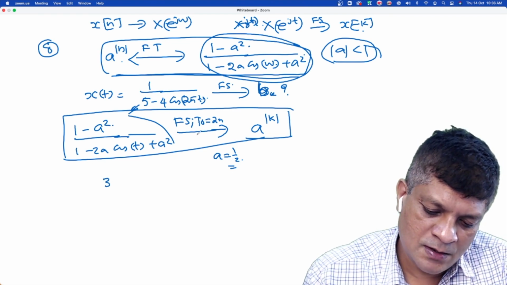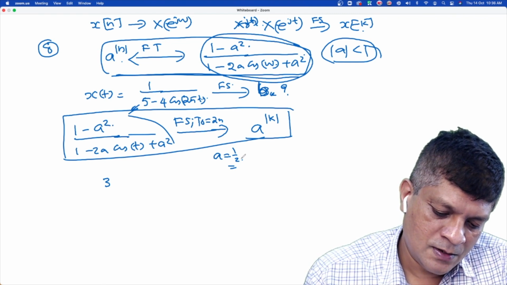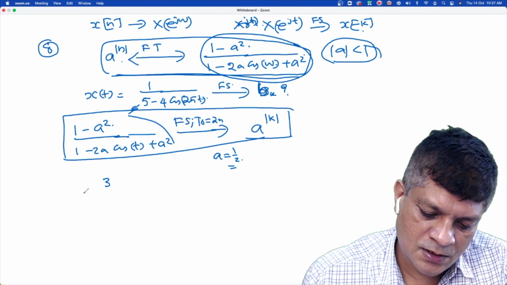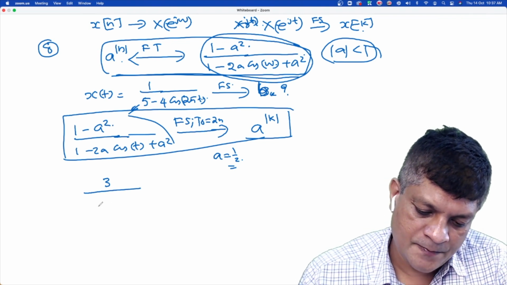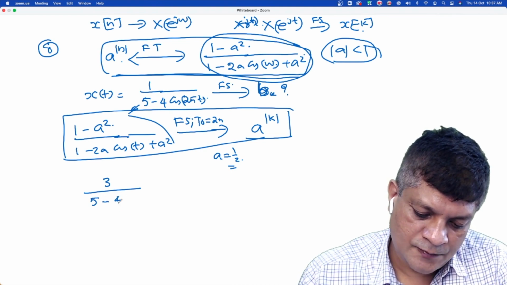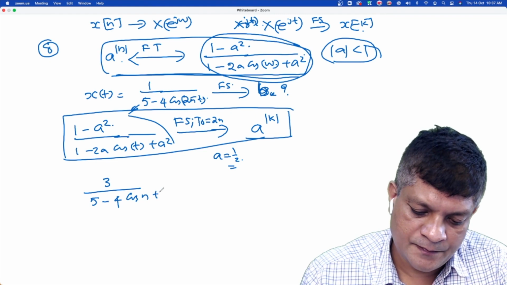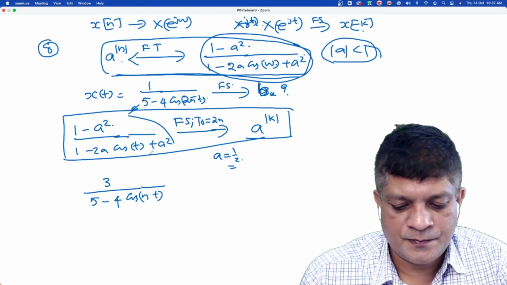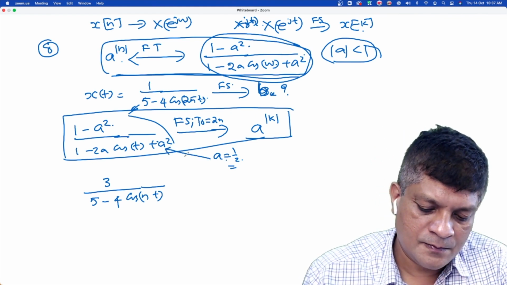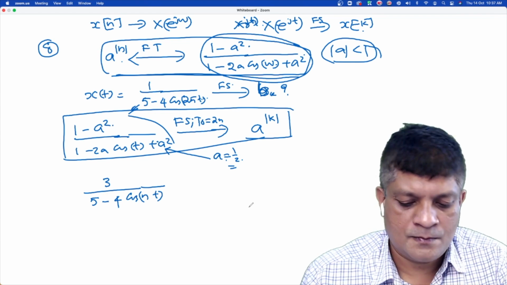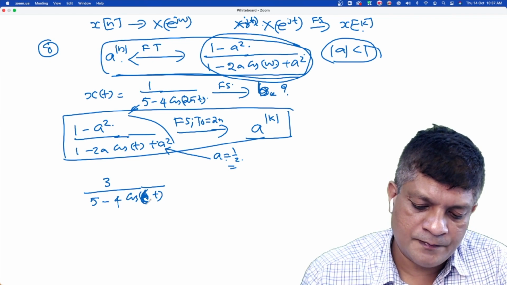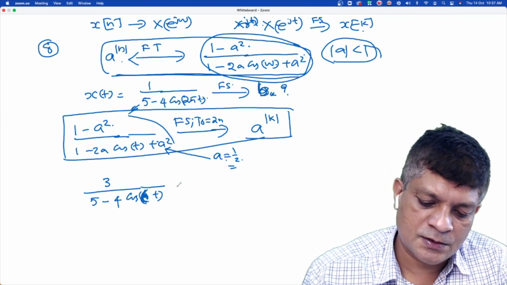1 minus a square is 3 by 4. So this is 3 divided by 5 minus 4 cos t. Will you get this if you put a equals to 1 by 2 here? Yes, cos t will come, 4 cos t, isn't it?